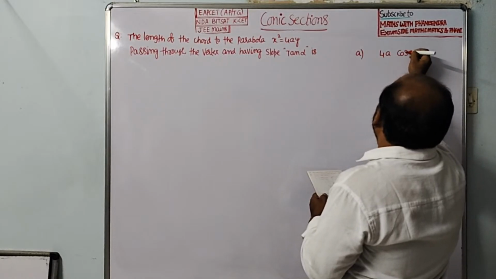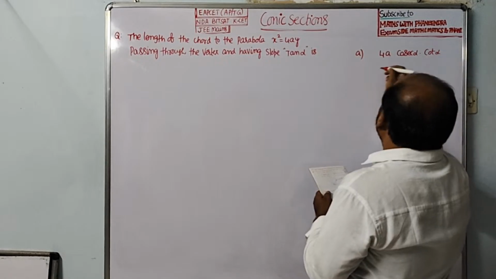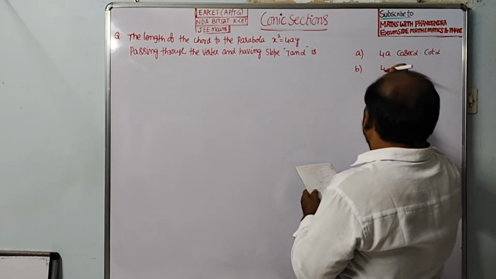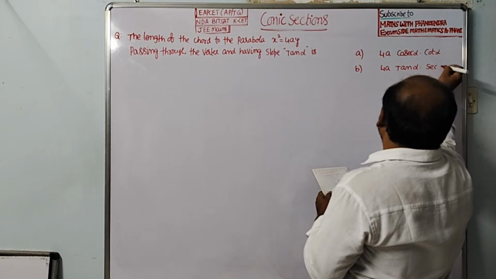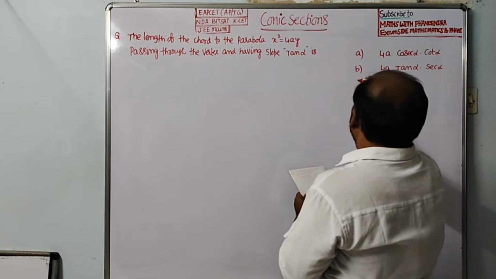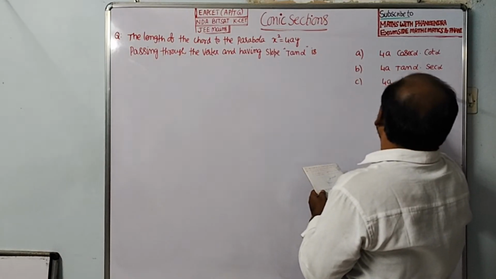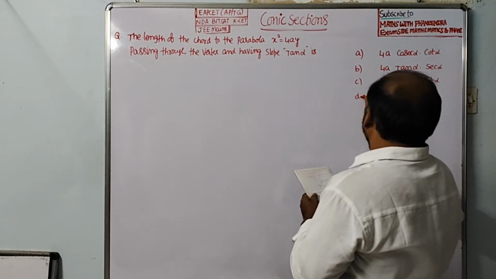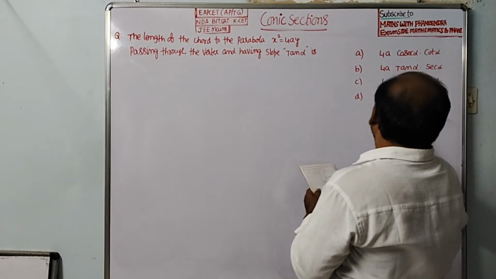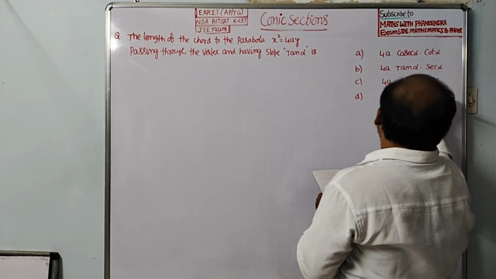so first option 4a cosecant alpha into cot alpha, 4a tan alpha into secant alpha, 4a into cos alpha into cot alpha, 4a sin alpha into tan alpha.